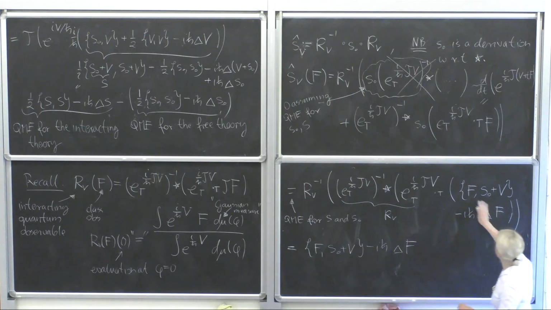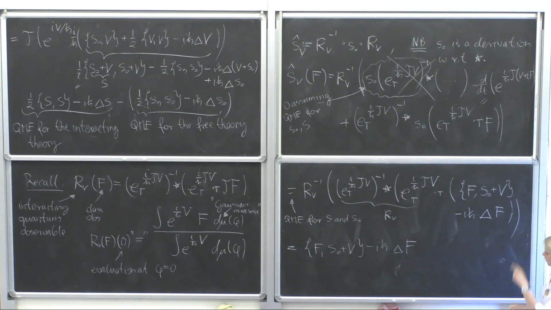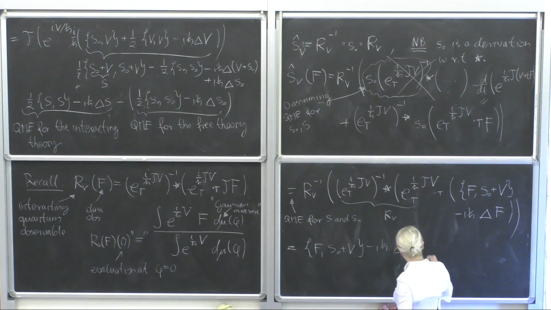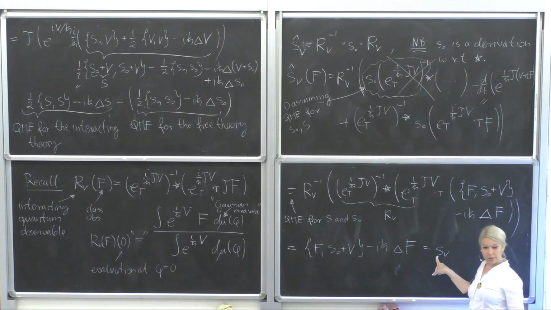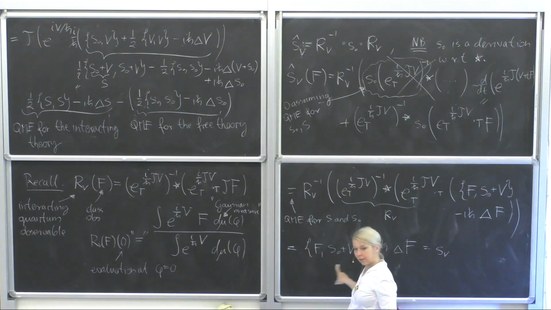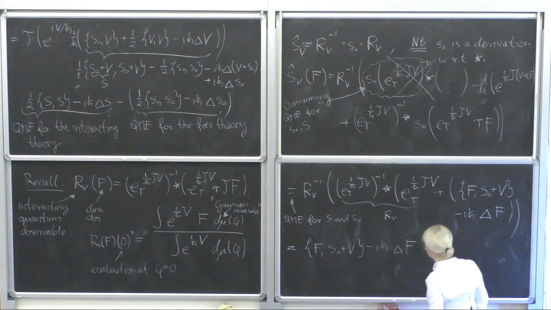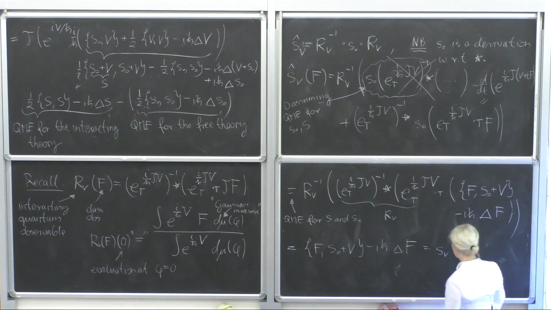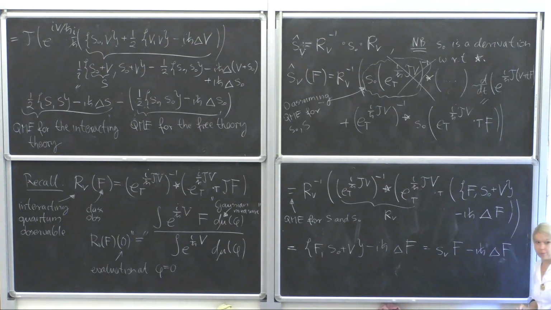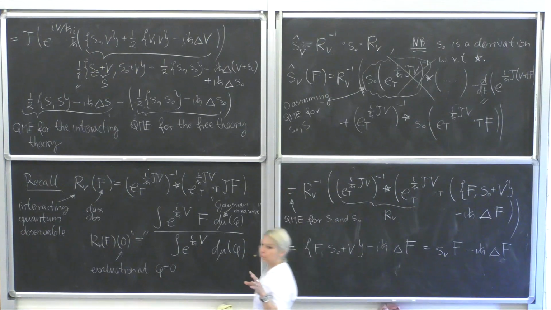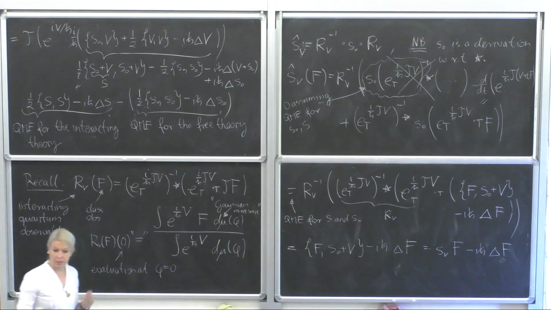Okay, no, only terms linear in F survive that procedure. Which again, look at that. So this is the full interacting BV operator, classical, acting on F, minus delta of F. So this way I can actually also reproduce the interacting quantum BV operator.